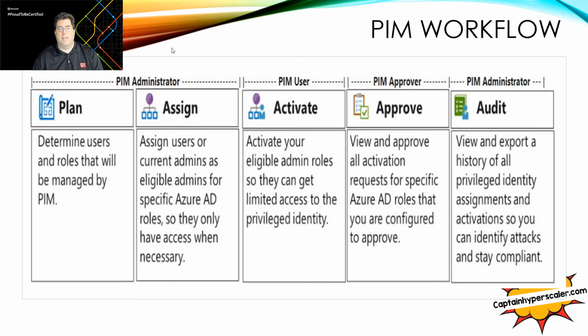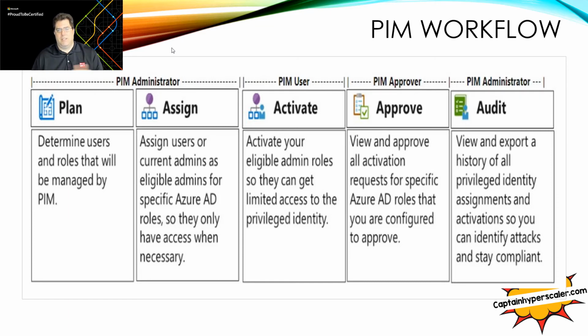We then assign those roles to our user environment and our current admins, deciding who's going to be eligible for those administrator roles within Privileged Identity Management. And it should not be everybody within the environment. It should be specific, based on roles and role-based authentication on what they need access to.